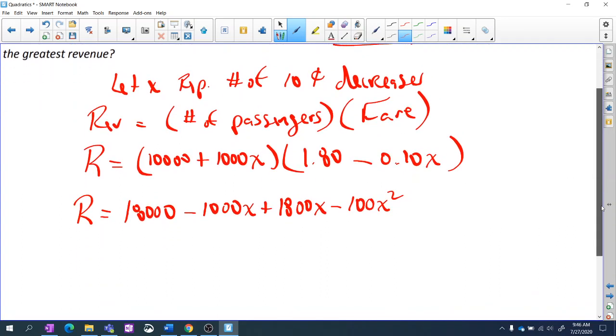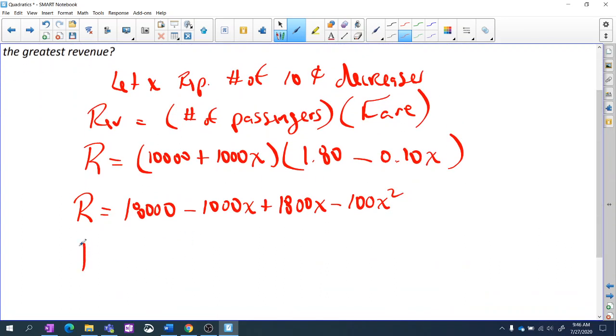Alright, let's tidy this up and get it into vertex form. Revenue will equal negative 100x squared plus 800x plus 18,000. Right, that's what they were originally making, this 18,000. So if x, meaning the number, is zero, if they don't make any price changes, they'd make what they used to.